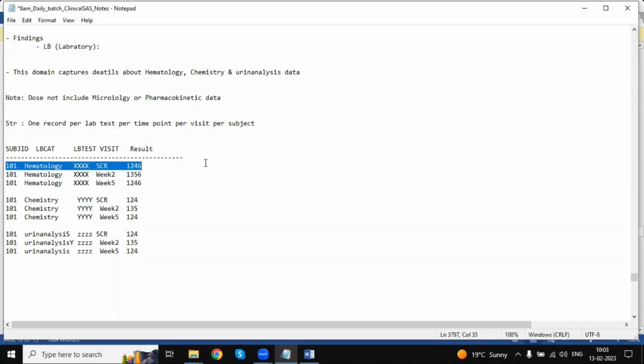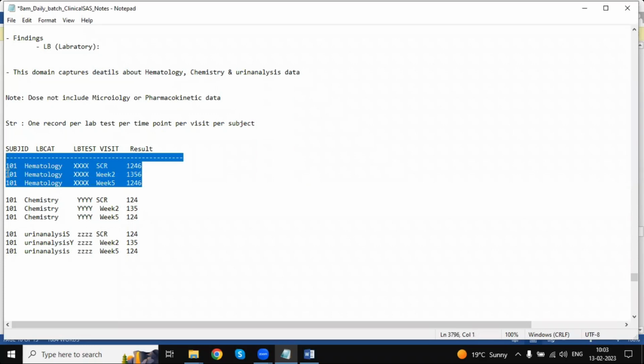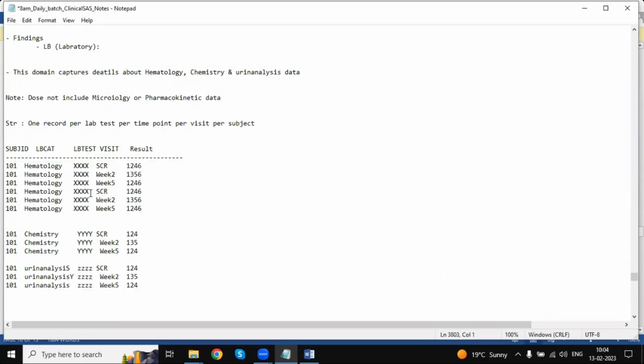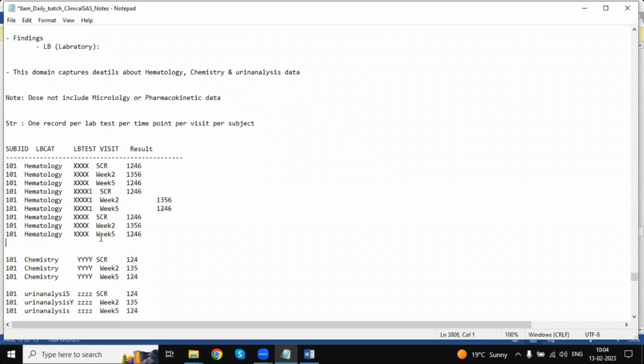Under hematology, you have an XX test. Let's assume X1, X1, X1. You have X2, X2, X2.